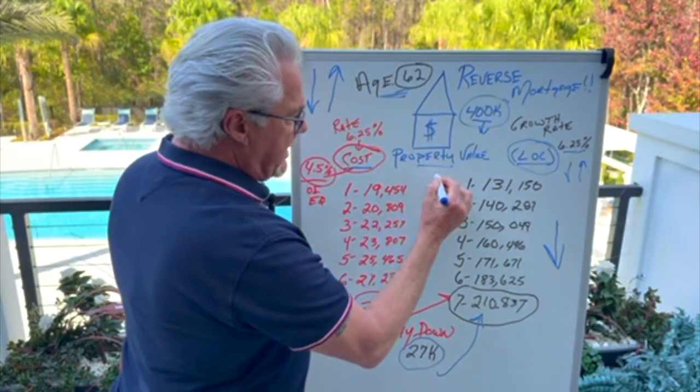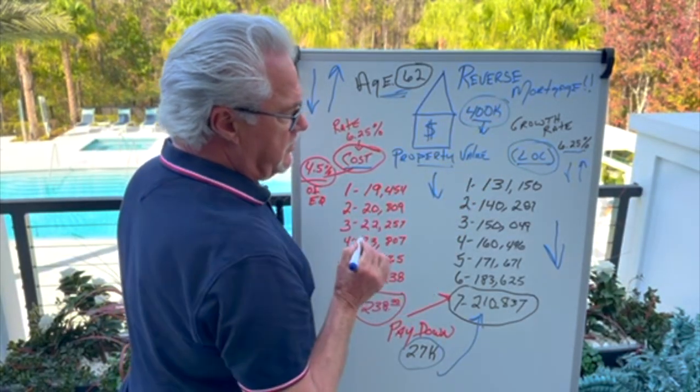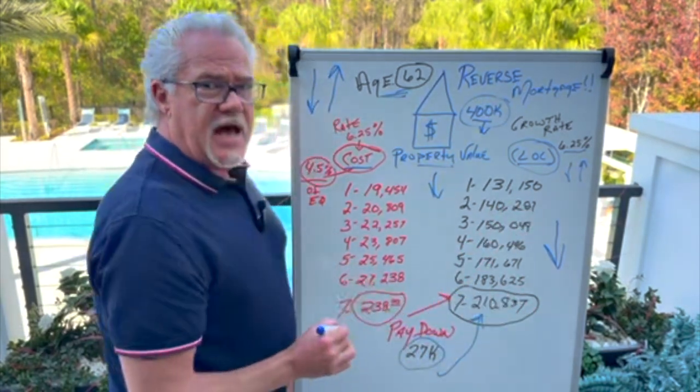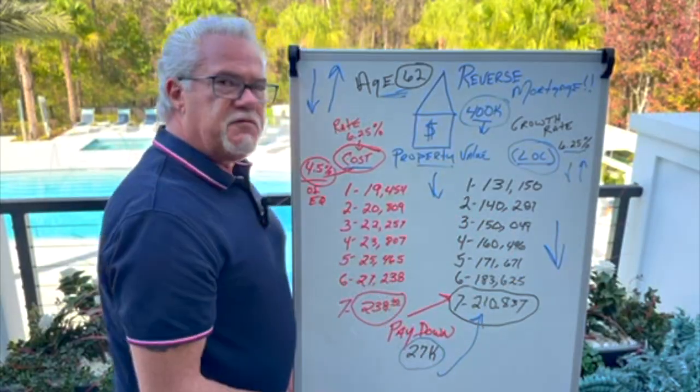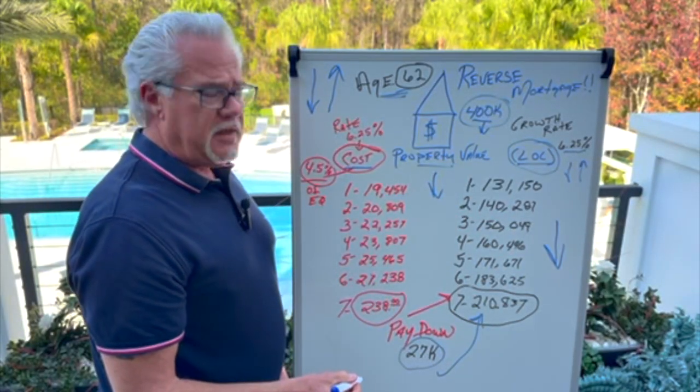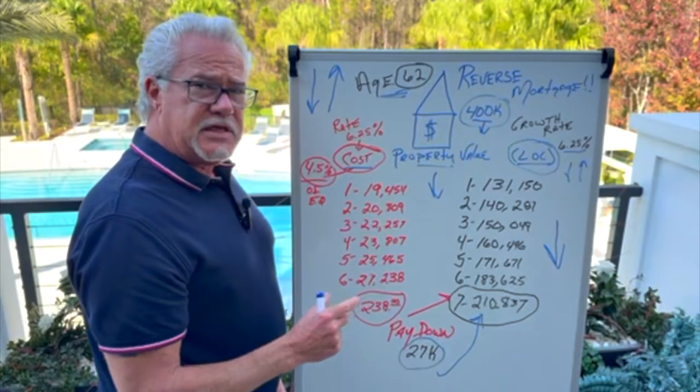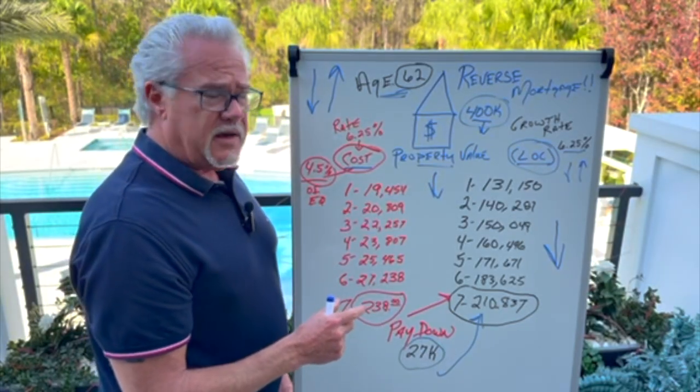If your property value falls from the 400, this does not. So you can secure at least 40% of the value of your property in a line of credit that is guaranteed to grow with this product.